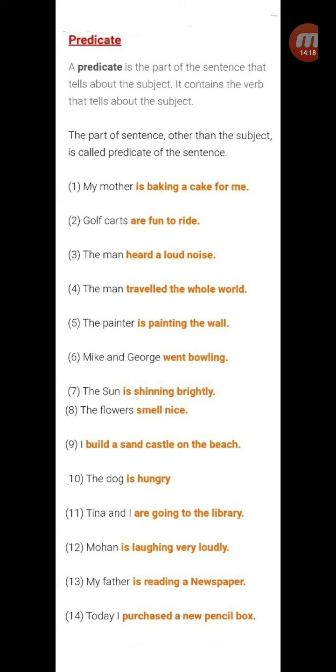Who is hungry? The dog. Tina and I are going to the library. Who is going to the library? Who are, children? Tina and I. Mohan is laughing very loudly. Who is laughing very loudly? Mohan. My father is reading a newspaper. Who is reading a newspaper? My father.